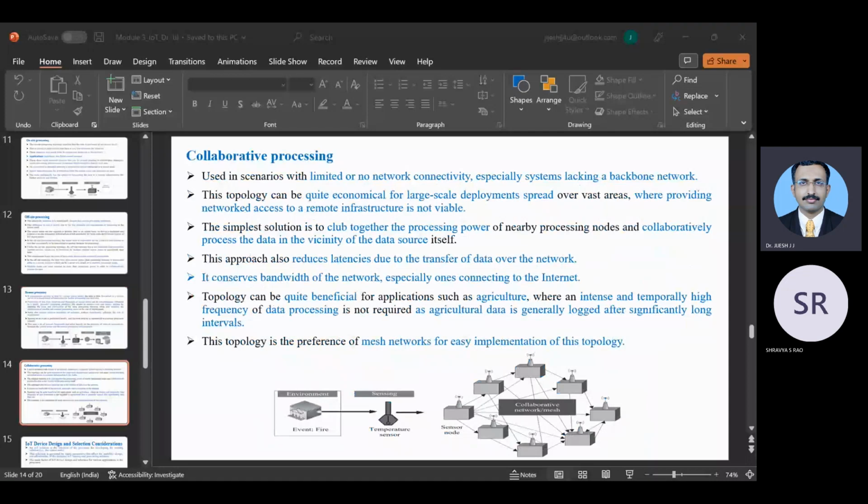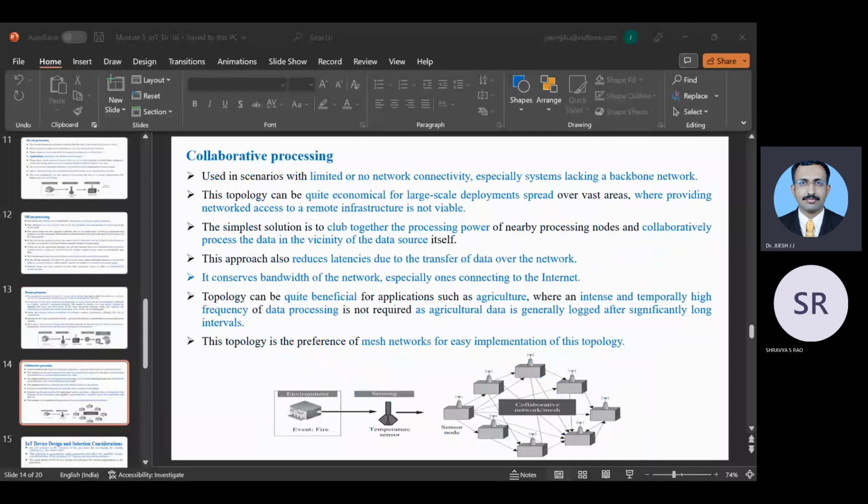What is remote processing? The information taken from the sensor is processed off the site, not on the site. And collaborative means processing between different nodes.